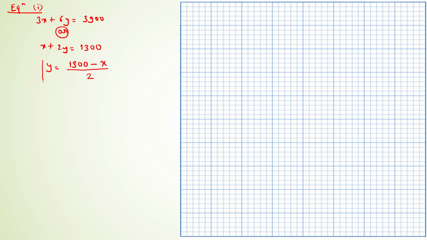We have equation first as 3x plus 6y equals 3900, or x plus 2y equals 1300. So we get y equals (1300 minus x) upon 2. By taking different values of x, we get different values of y.